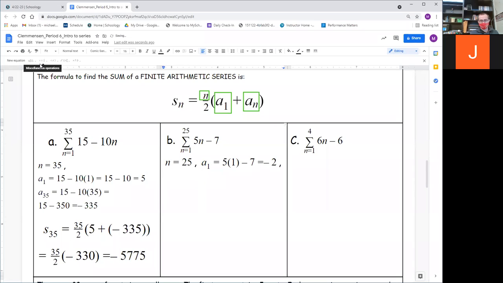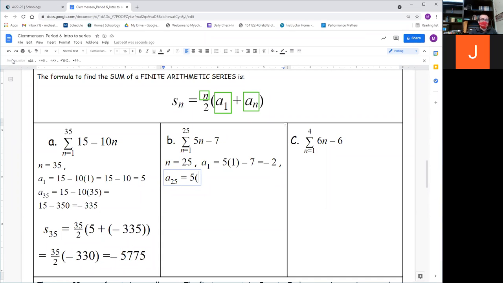Now I need my A sub n. Got my new equation. For us, our N is 25. So how do I get A sub 25? How do we get A sub 1? We want 1 this time?